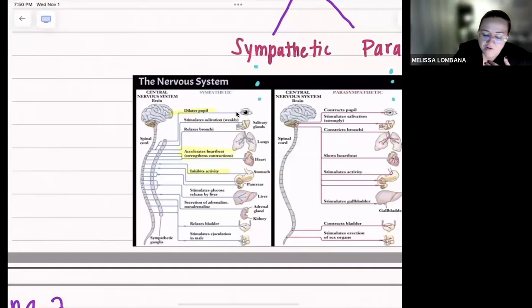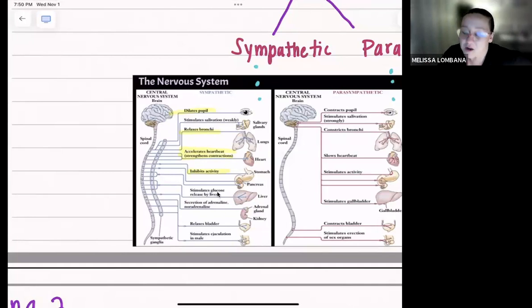Also, your heart rate, your heartbeat, starts increasing, so the blood flow goes to your muscles in order to run or fight. Your lungs also relax to try to get as much oxygen in order to fight. Okay. It also stimulates your liver, so it's going to increase your glucose.